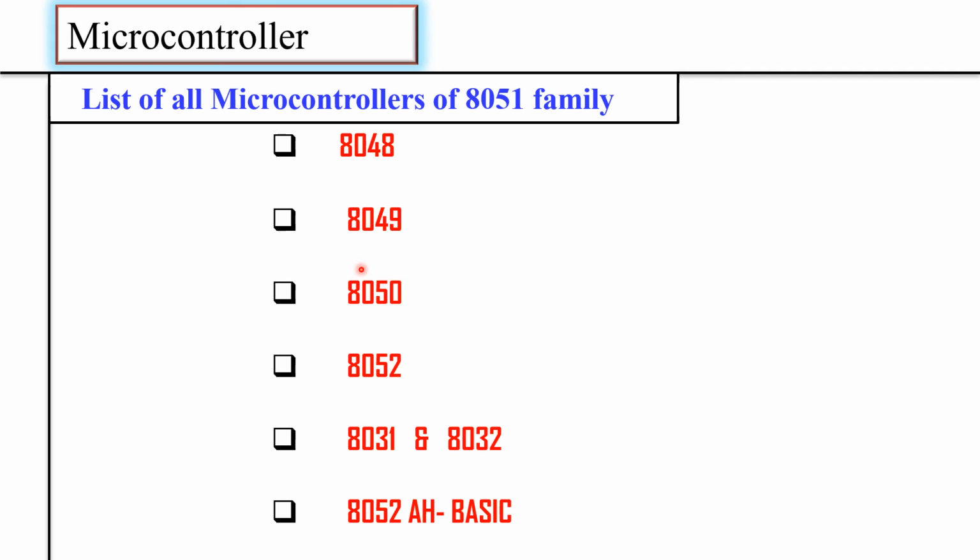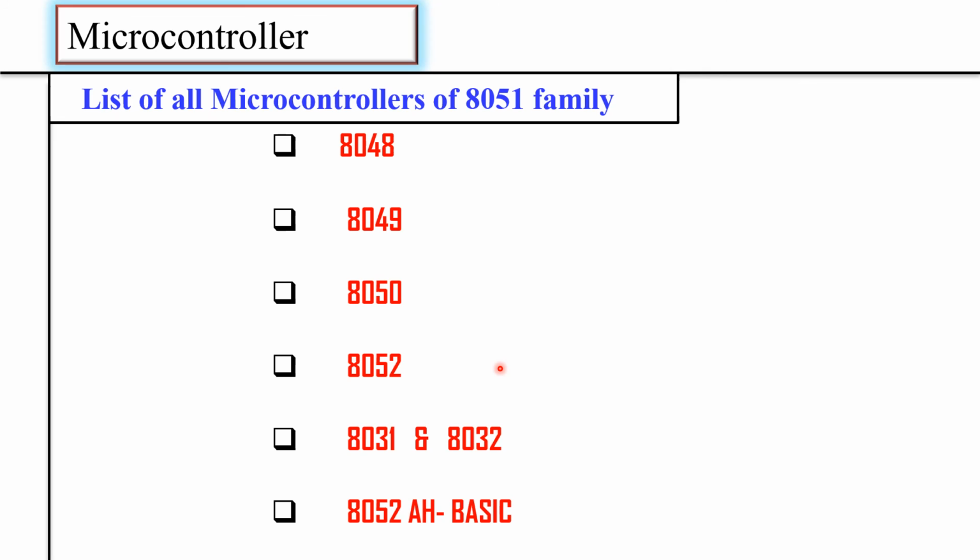So as they are all of the same generation, they are all identical except that the memory space went on doubling, right? 8052 is a simple expansion of 8051. So it has 8 kilobytes of onboard ROM and 256 bytes of onboard RAM.